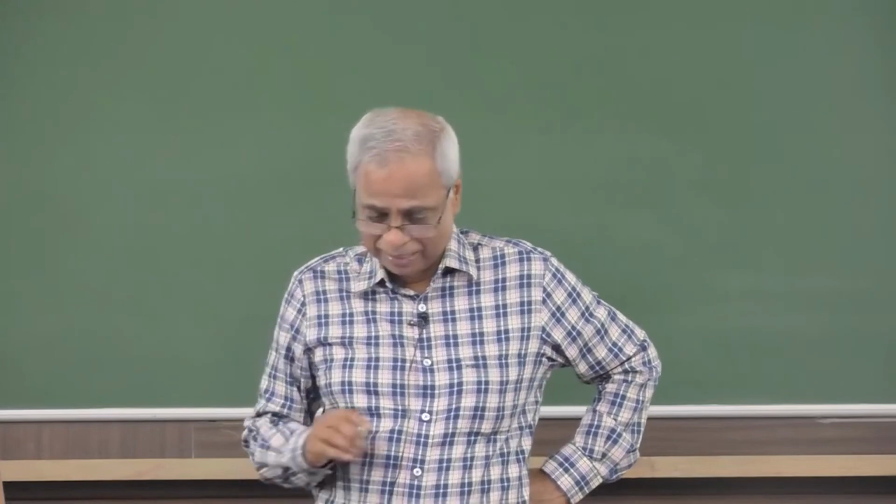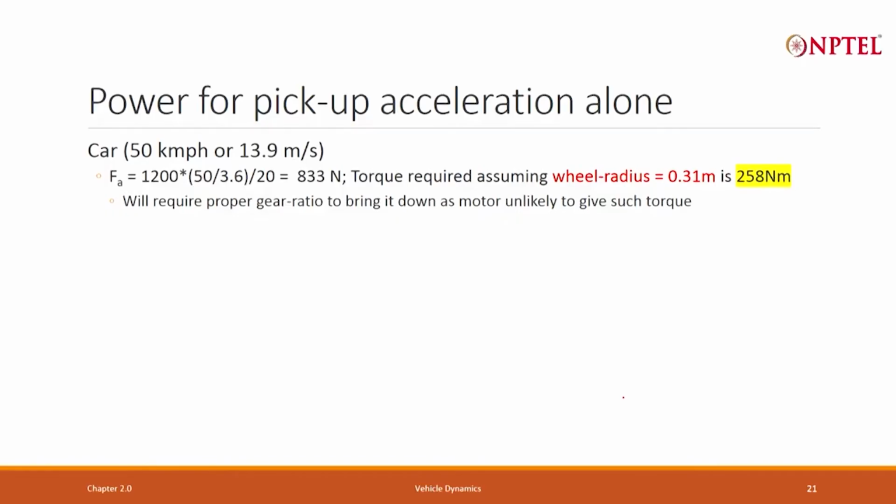And I do the same thing for a car. Car at 50 kilometer per hour or 13.9 meters per second, let us say in the same 20 seconds, my force requirement is now 833 Newton, but look at my torque requirement is 258 Newton meter. This is due to acceleration alone.